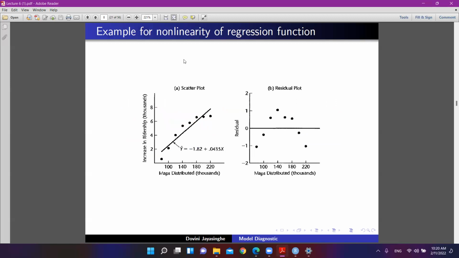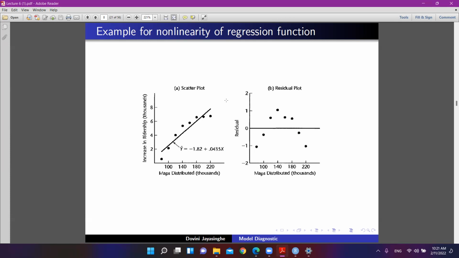This is an example of non-linearity. Let's think this is our y variable and this is our x variable. Just forget about this other thing and consider this scatter plot. If we plot our observations, x coordinate, y coordinate, let's say we have 1, 2, 3, 4, 5, 6, 7, 8 observations in our data set.